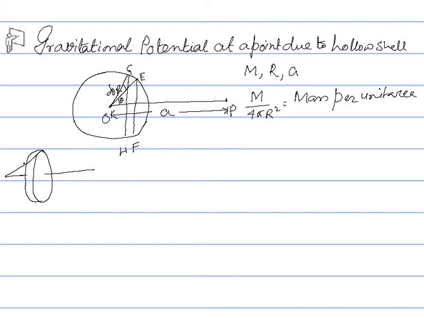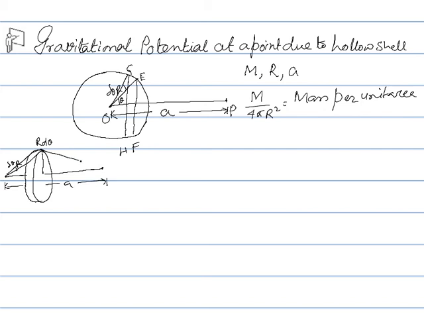If this is r and this is d theta, then the arc will be r d theta. This is the radius of this shell. This distance is a.